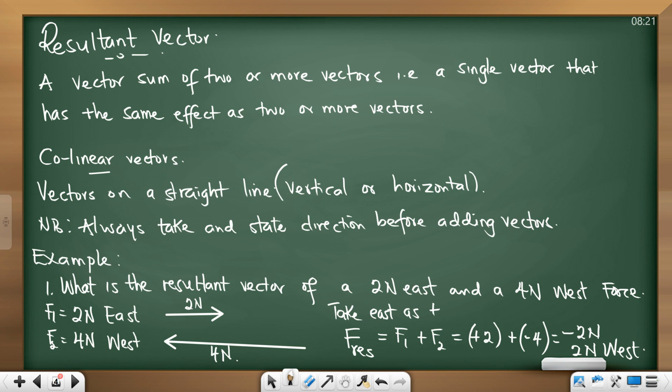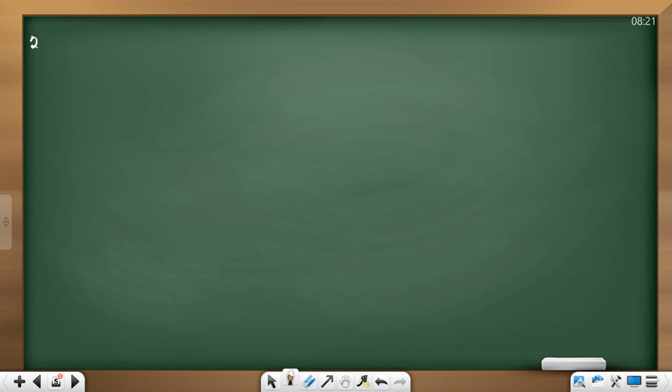And then we'll look at the diagram to do both. This is one dimension. One dimension means either linear, vertical, or horizontal. Let's see. If I have 4 Newtons north and 6 Newtons north. Do you want to quickly give me the resultant force?